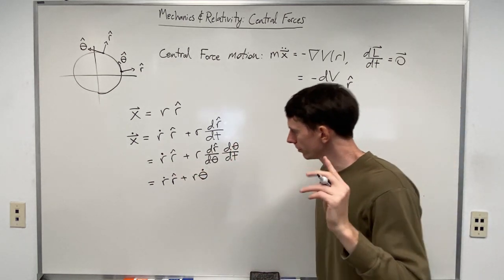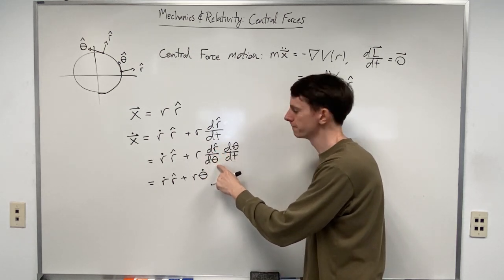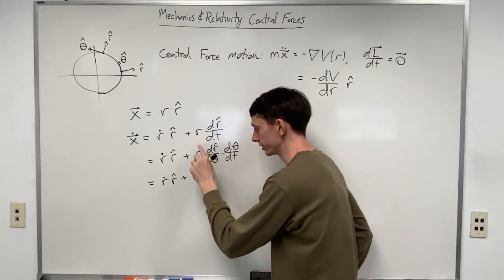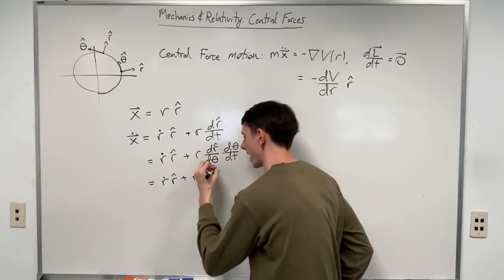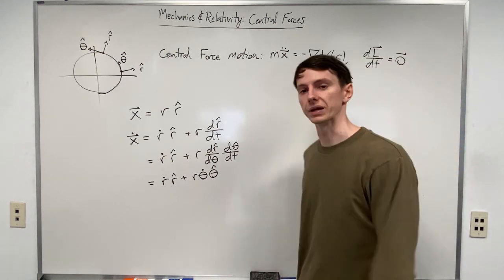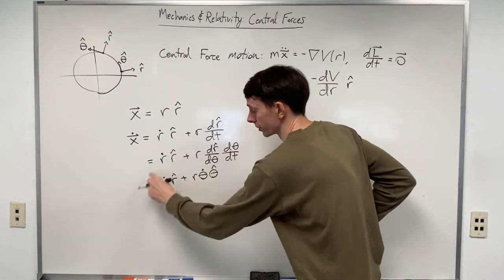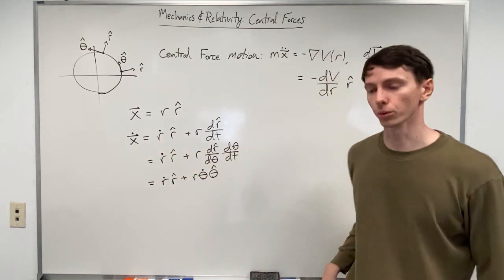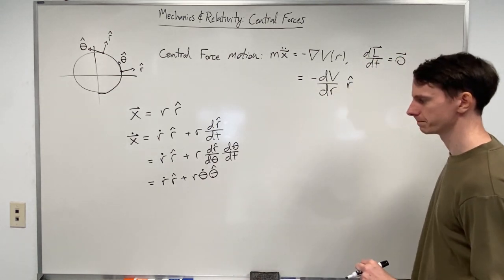And then finally, we have the derivative of the basis vector with respect to theta. dr hat d theta is just theta hat. This is just a property of polar coordinate basis vectors. So this expression right here, the sum of these two terms, would be the velocity of a particle in polar coordinates. It's both a radial and angular component.